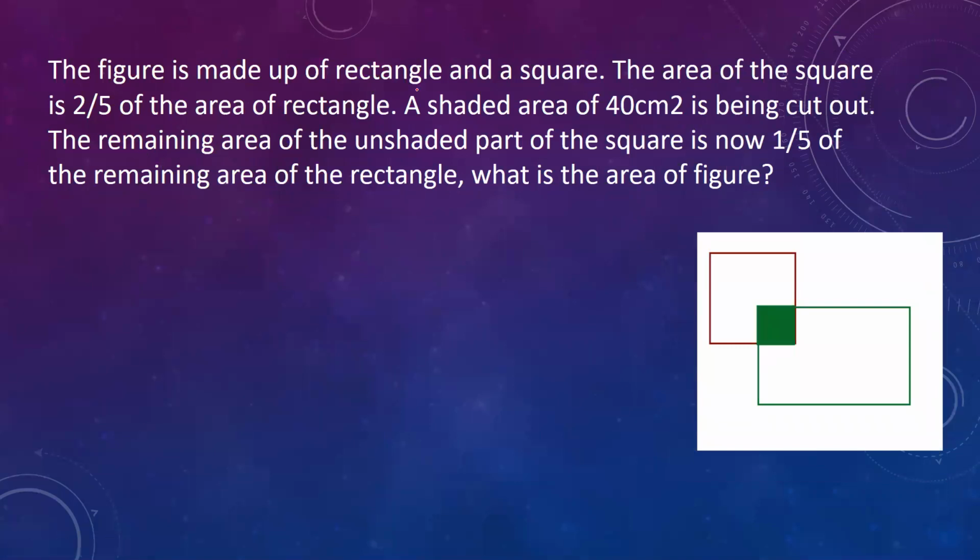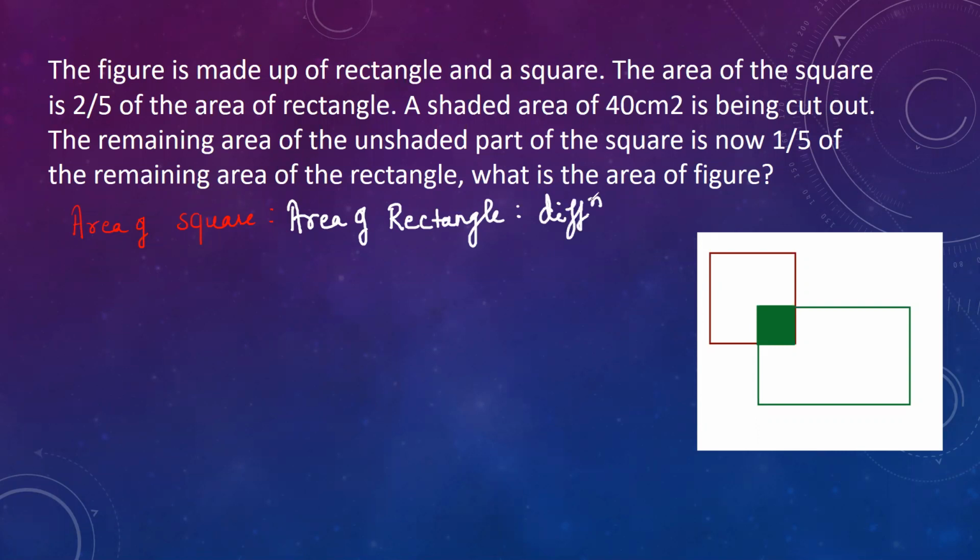So here the figure is made up of a rectangle and a square. You can see a square and a rectangle. The area of the square is 2/5 of the area of the rectangle. So we take area of square by area of rectangle, and then the difference.